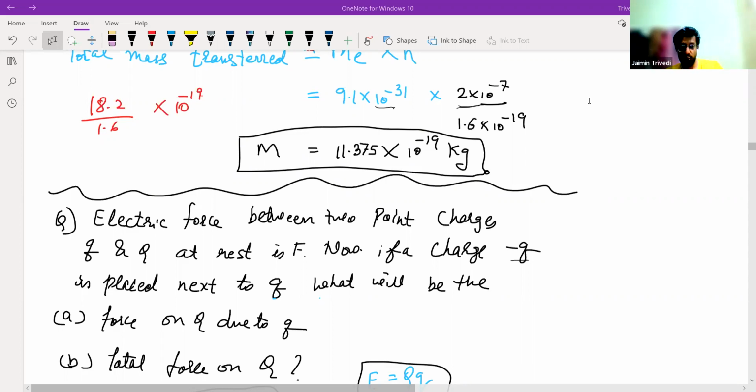Yeah, there are minus Q, plus Q and capital Q. So the two forces between two point charges, small q and capital Q at rest, and its force is F. And if a charge minus Q is placed next to Q, somewhere here or here, whatever, what will be the force on Q due to Q? Means new force, we can say.